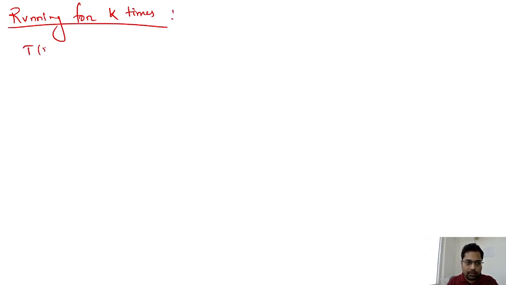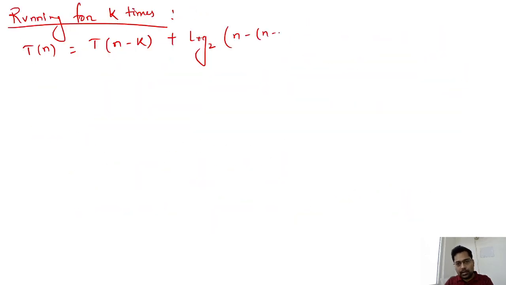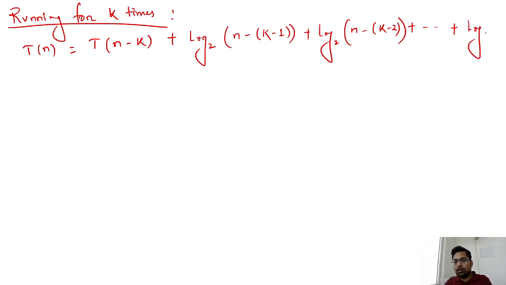The value of T(n) will be T(n minus k) plus log base 2 (n minus k minus 1), then log base 2 (n minus k minus 2), plus up to log n base 2. You can ask me why you are writing, sir, in this way. You can check.